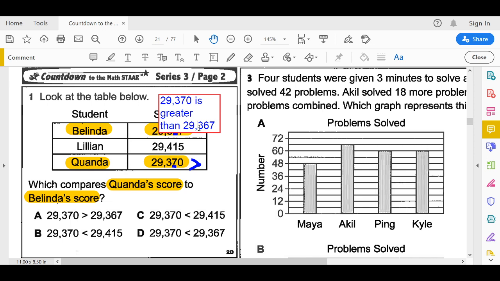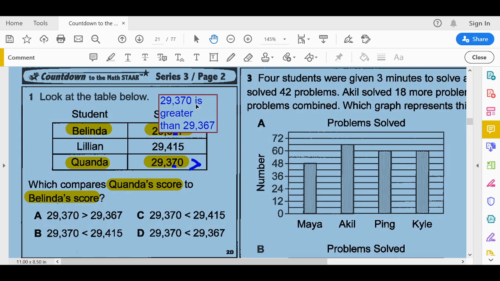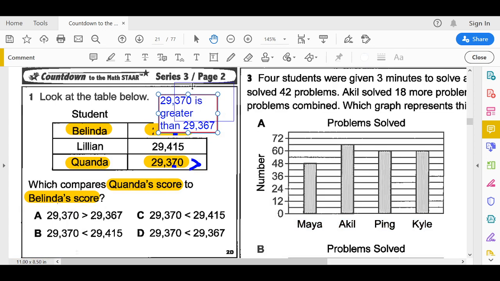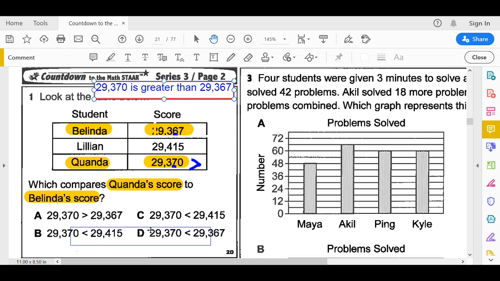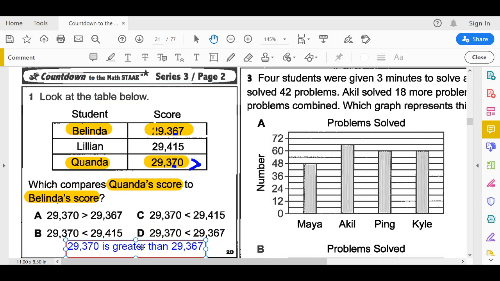That's basically what we need to do now, is finding again an answer that says this: 29,370 is greater than this number. Let's start checking our options to see which one says that. Letter A says that this number is greater than this number here.